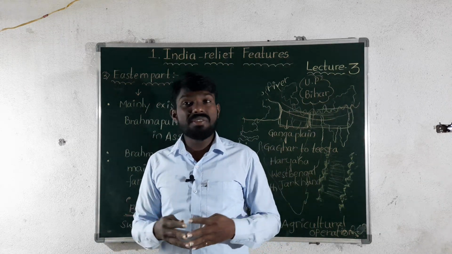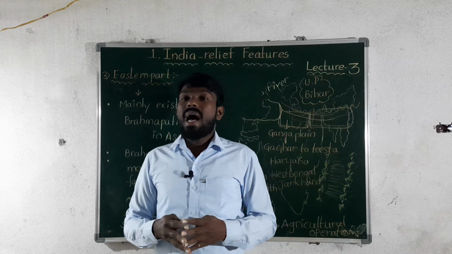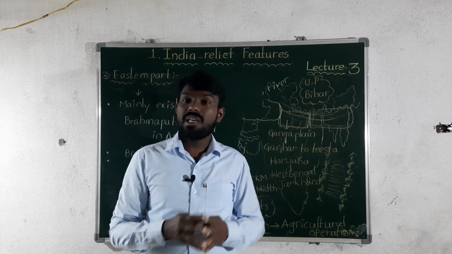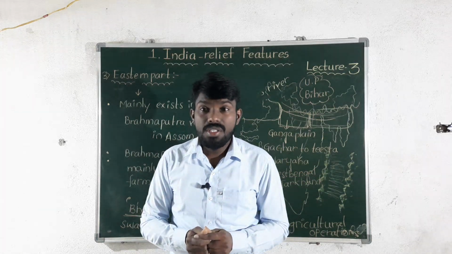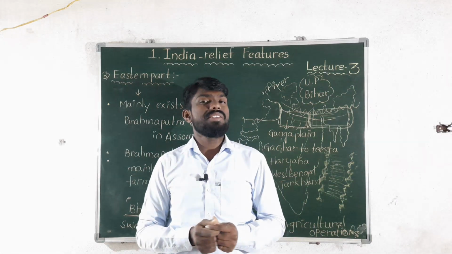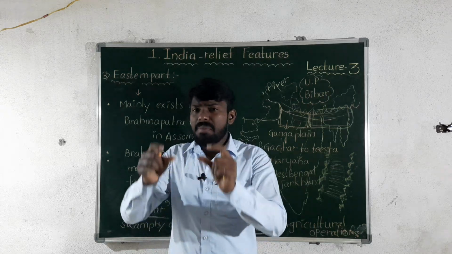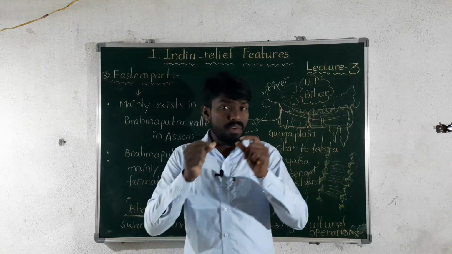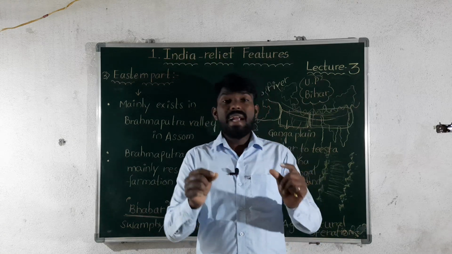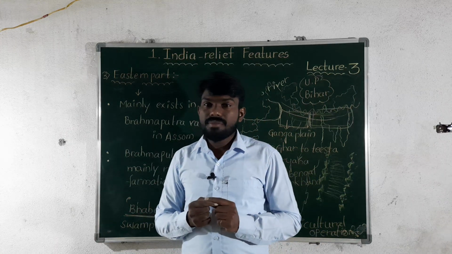Small rivers and streams flow underground through Bhabar and appear in lower areas and form swampy and marshy region. The swampy and marshy region is called Terai. The region has thick forests and a rich variety of wildlife.